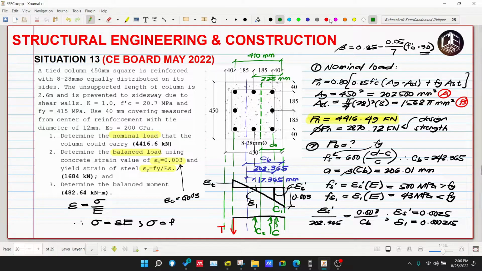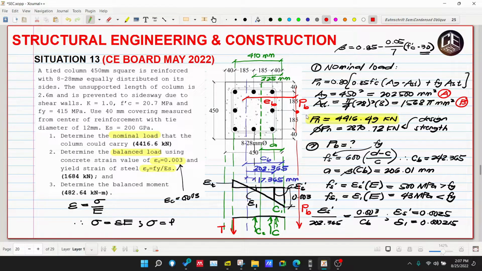Tapos yung tinatawag natin na balance load is depende rin siya actually, pero karaniwan nandito kasi parang ito yung ating magiging PB. Nandito yung ating PB. Tapos yung kanyang distance with respect to neutral axis, yun yung tinatawag natin na balance eccentricity, EB.